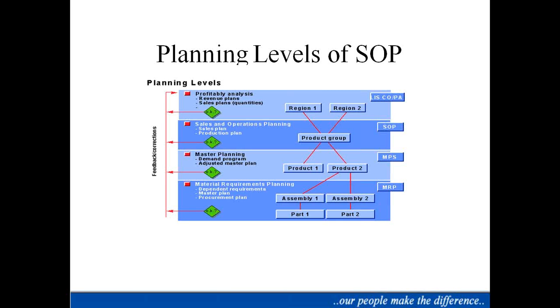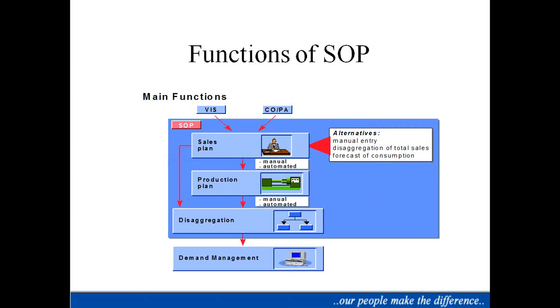But the final freezing, before coming to our production plan, states that this year we are going to sell this many pieces. Is that okay?